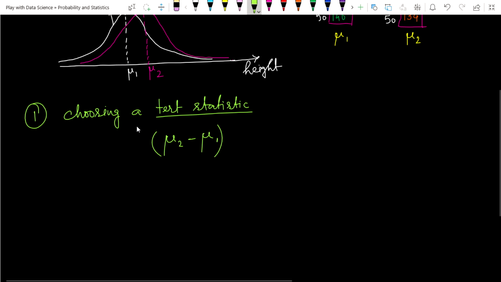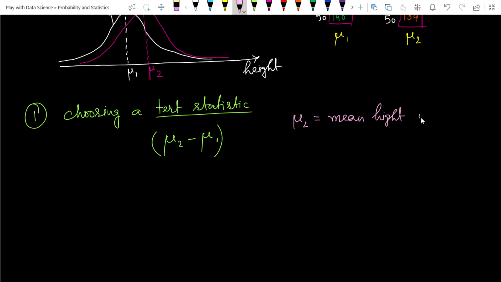This will be the test statistic, where mu2 is simply the mean height of class 2 students, and mu1 is simply the mean height of class 1 students. If you are interested, you can consider mu1 minus mu2.